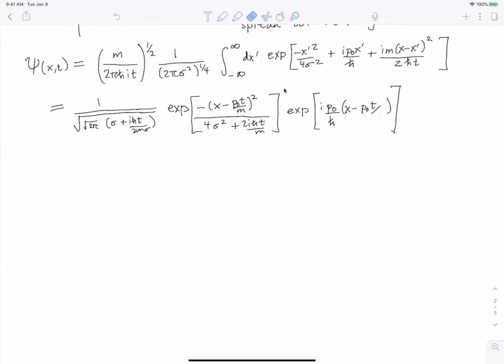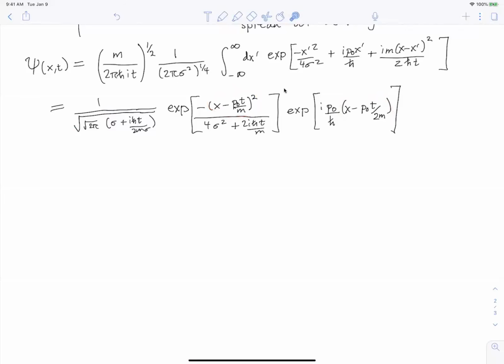So this is actually over 2m. Okay, so we have two different combinations of x minus the momentum times time. This one has x minus momentum times time over 2m. And this one has just x minus momentum times time over m.